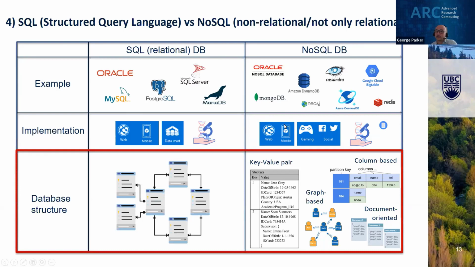Database structure. So for a SQL database, the data in the database is in the form of a series of tables. And the tables are linked to each other. But this is not the case for NoSQL. There are 4 main categories of databases in NoSQL.